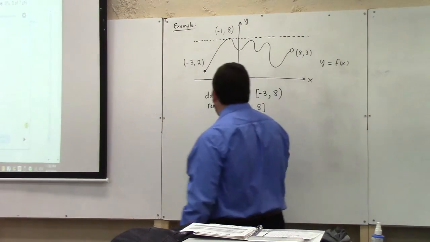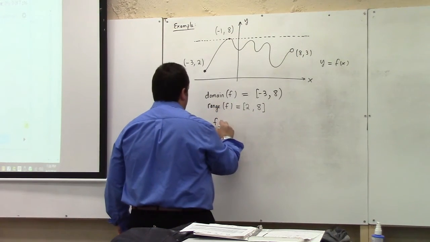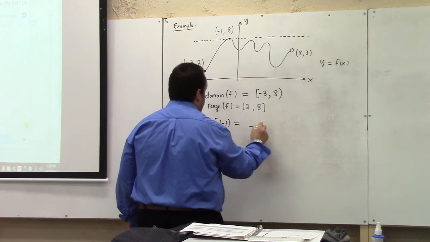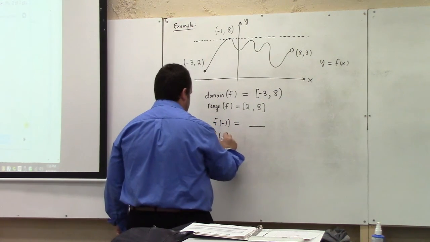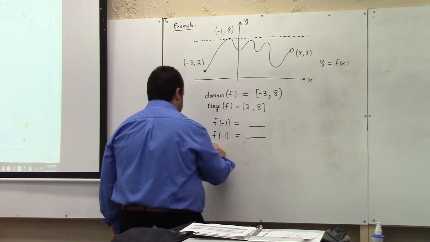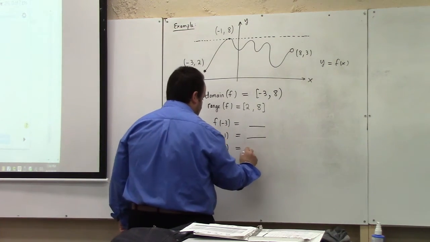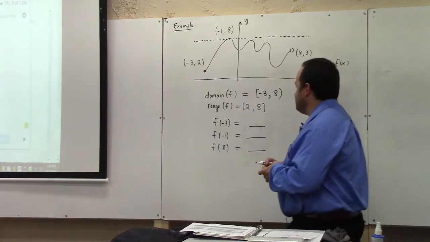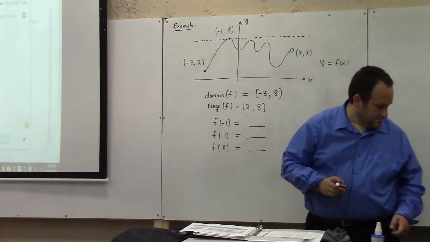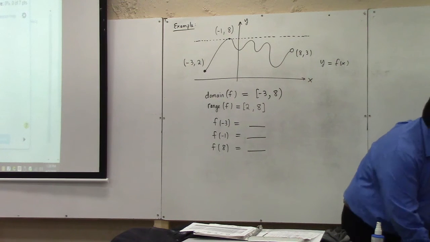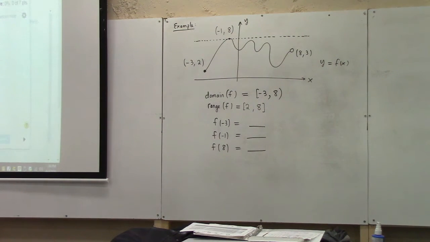So you guys tell me. f of minus 3 equals fill in the blank. f of minus 1 equals fill in the blank. f of 8 equals fill in the blank. I'll do the hard one.